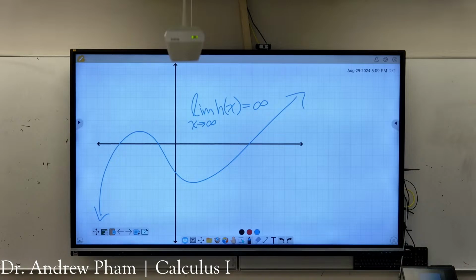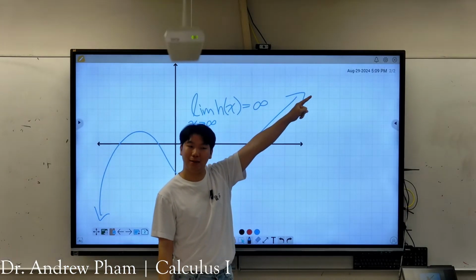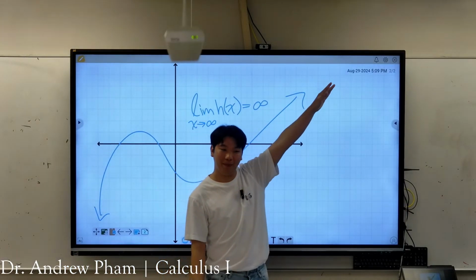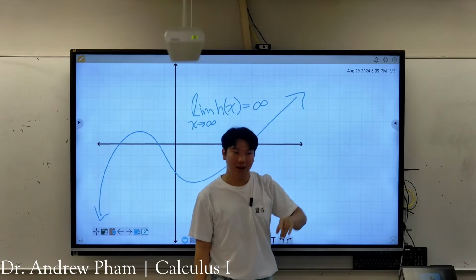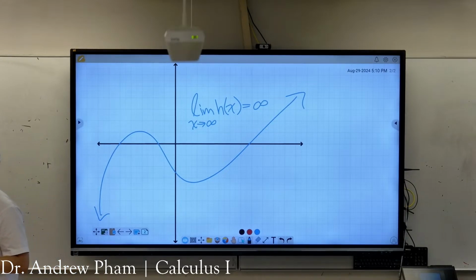So if we use that same logic as before, x approaching infinity, I'm looking at what happens if I keep on going right. I look at this and I say, well, it doesn't look like it's approaching any single value. It's going to keep on just going up, higher and higher. In other words, whenever x is getting larger and larger in the positive direction, this is me saying that my limit is going off to infinity.